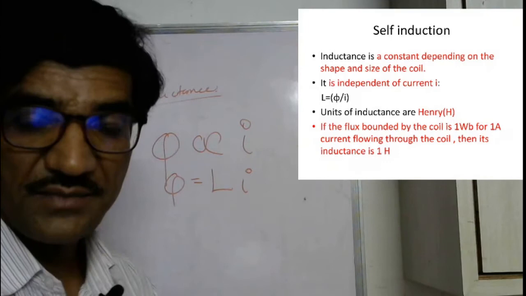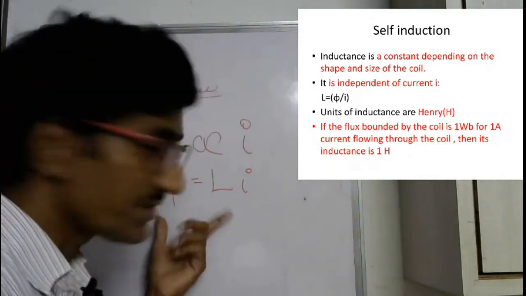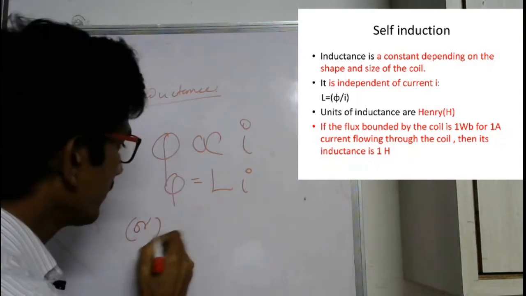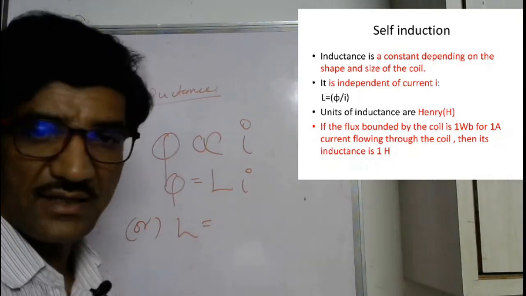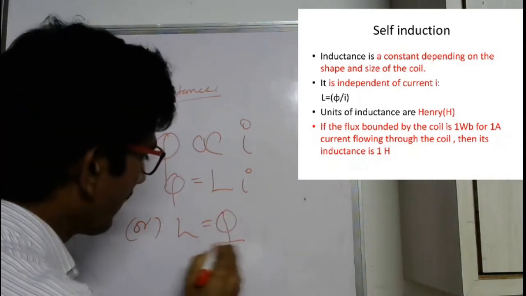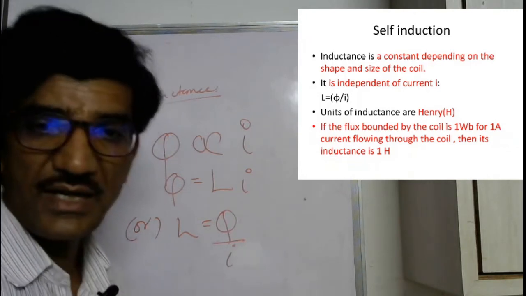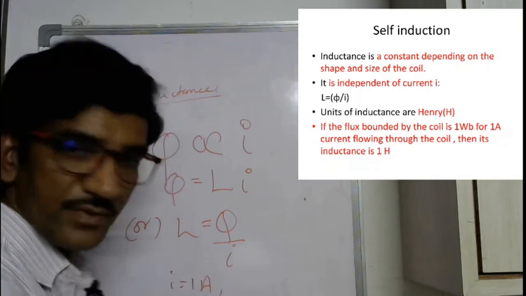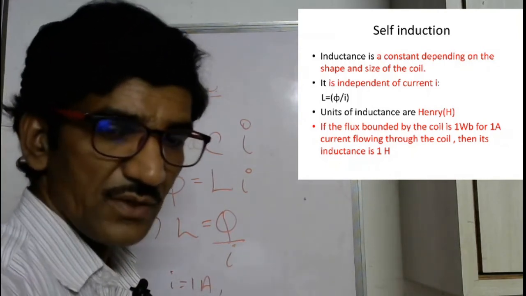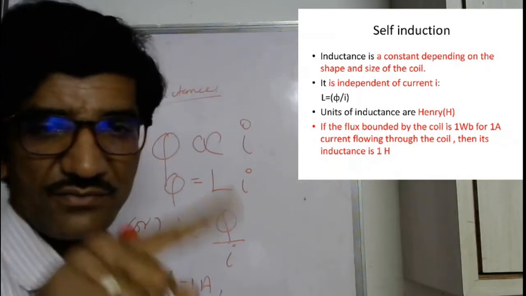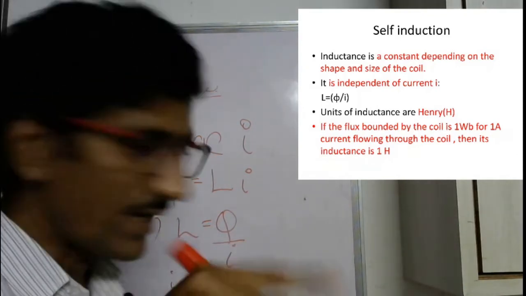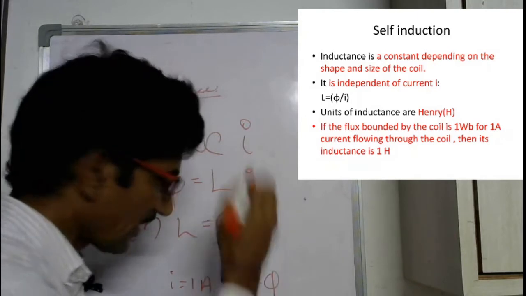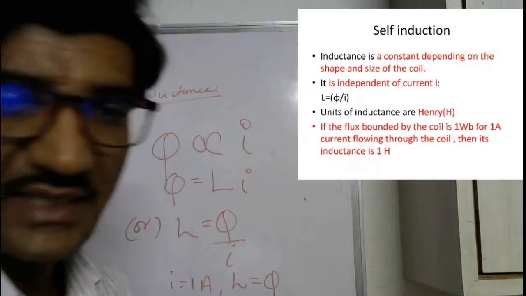That definition comes from this equation, L equals phi by I. If you make I equal to 1 ampere, if you allow only 1 unit of current to flow through that wire, then the inductance of the coil is the flux in that case.